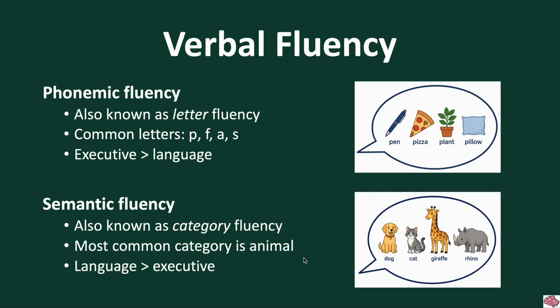That is, the person will be asked to generate as many animals as they can in the space of a minute, although sometimes some other categories can be used as well. In contrast to phonemic fluency, semantic fluency is more dependent on language function than executive function. Again, it's still a deeply hybrid task, but as a result of that, it's slightly more sensitive to pathologies affecting particularly the mesial and anterior temporal lobe.